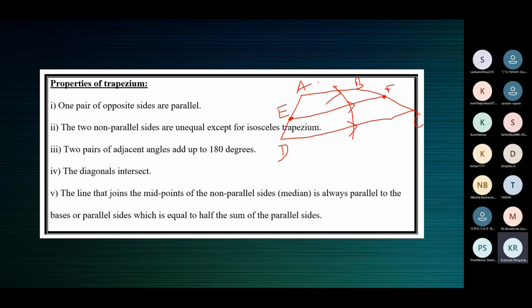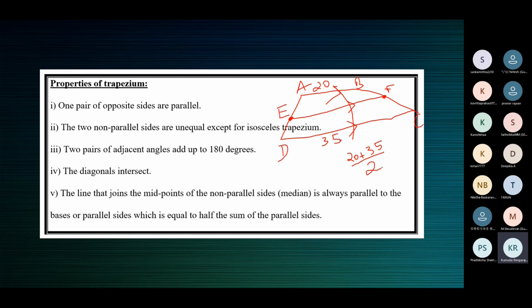Now supposing AB is 20 units and this is 35 units. Then the length of EF will be 20 plus 35 divided by 2. 55 divided by 2, 27.5.